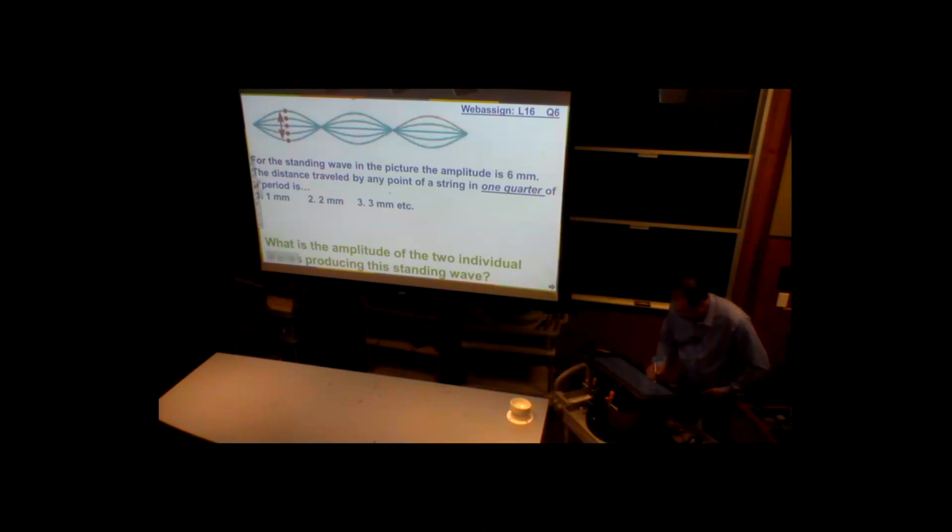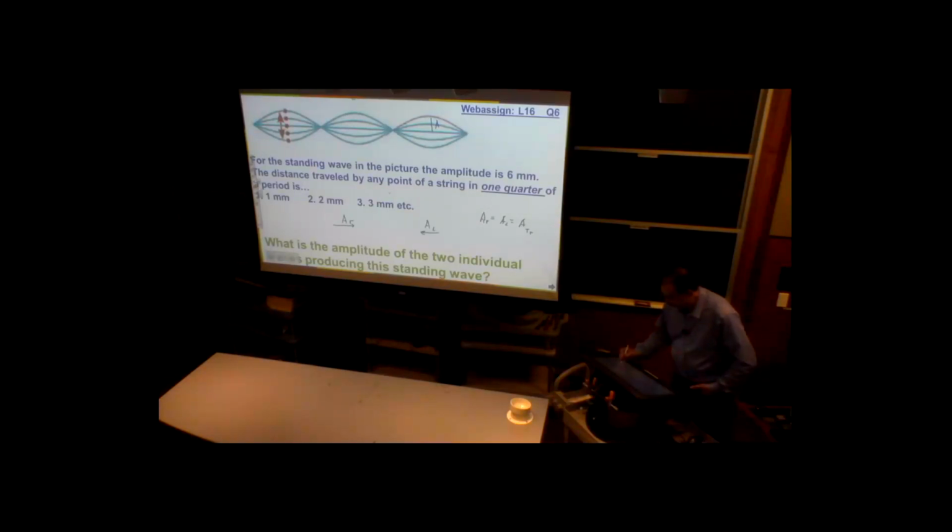We know that a standing wave represents a composition, or addition, of 2 traveling waves. So this amplitude A, the amplitude of a standing wave, should be the result of addition of 2 waves traveling with the same amplitude. I just call them right and left, but it's supposed to be the same. This is the amplitude of a traveling wave.